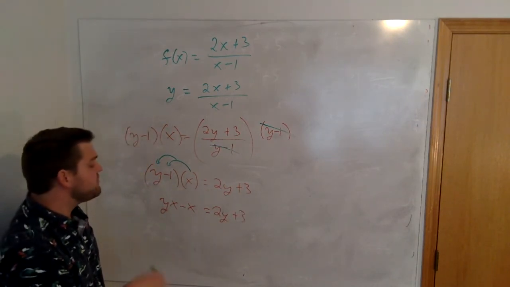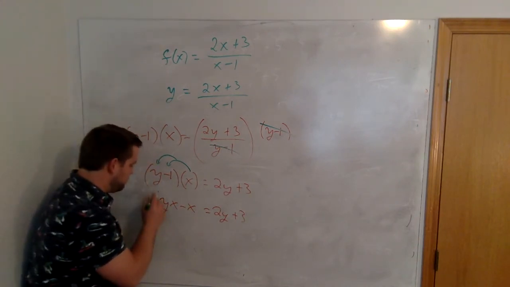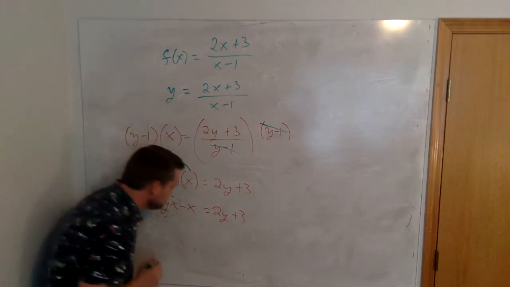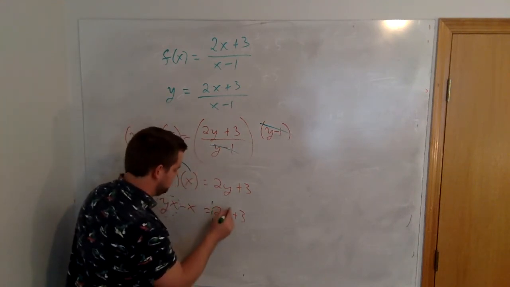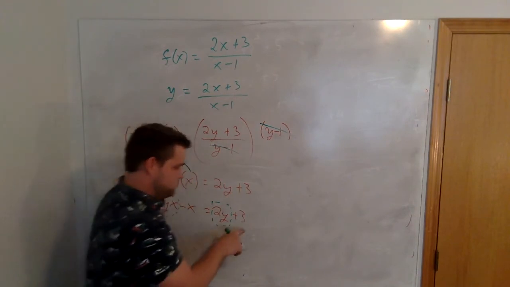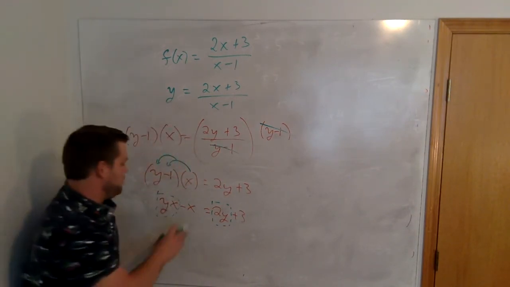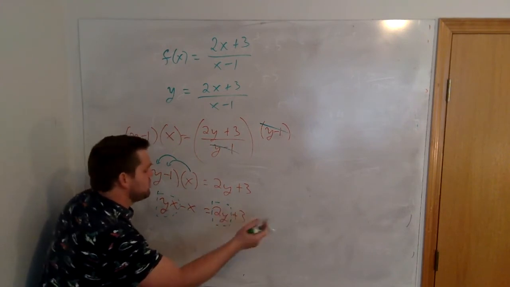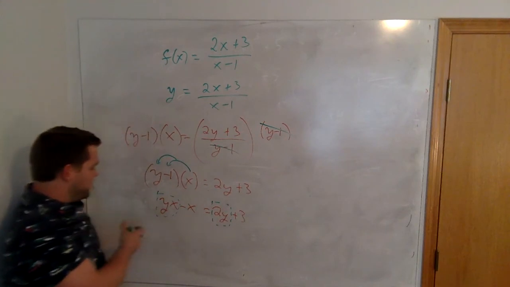Now we just need to sniff out our y pieces. Yep, that smells like y. Yeah, that's got a y in it. And nope. So all the y terms I'm going to bring to the left, and all the other stuff I'm going to bring to the right. It really doesn't matter what side you move them to, but I'm going to bring all the y's to the left.